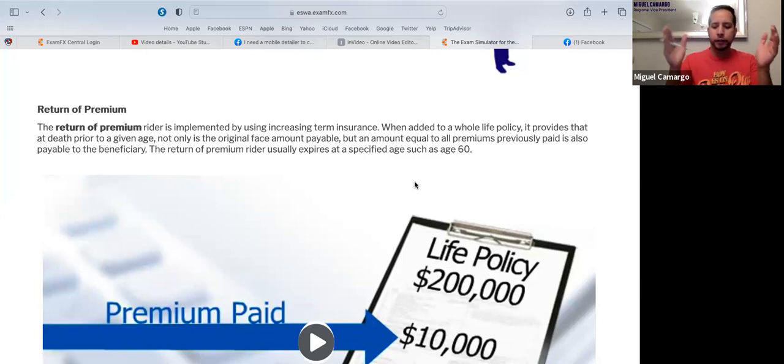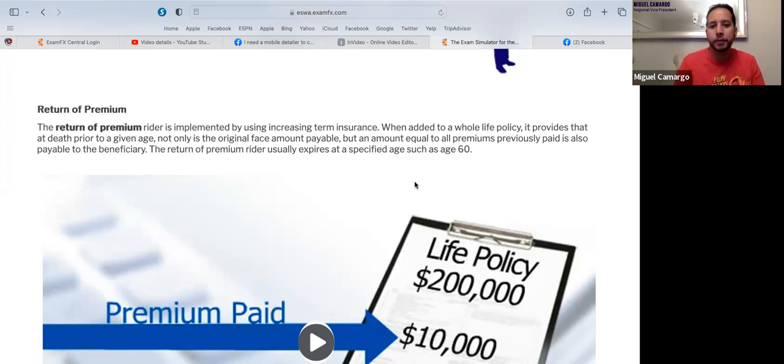So let's say you have a 30-year policy and you add this rider on, it's an extra cost. And if you don't pass away by the end of the 30 years, they'll say, hey, we're going to give you all your money back. That sounds pretty good, right? But what if I told you they charge you almost up to 50% extra? Is that a good deal? No.